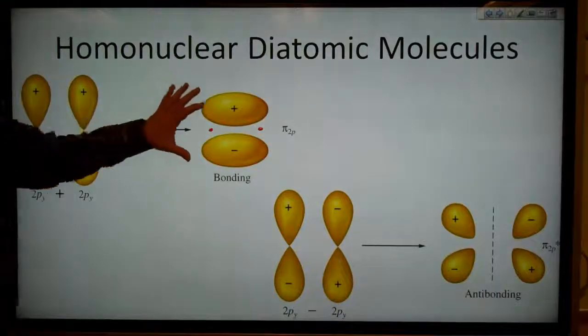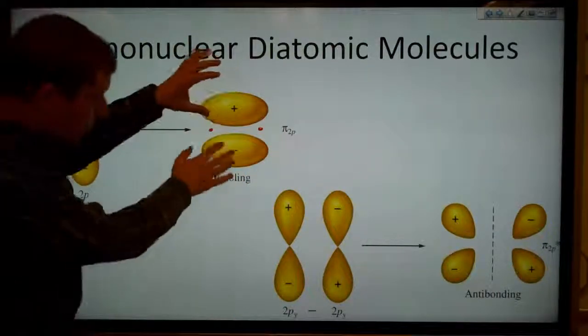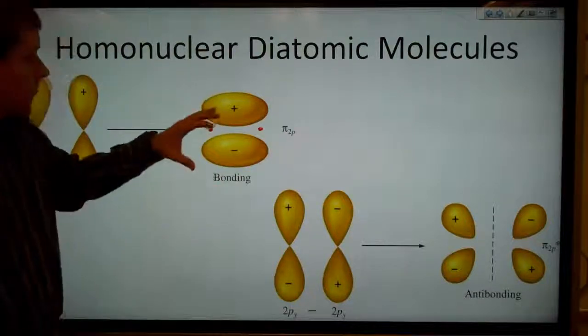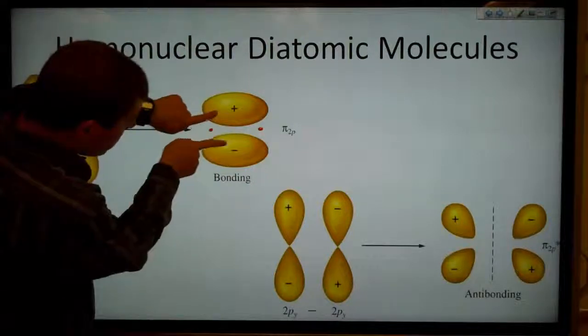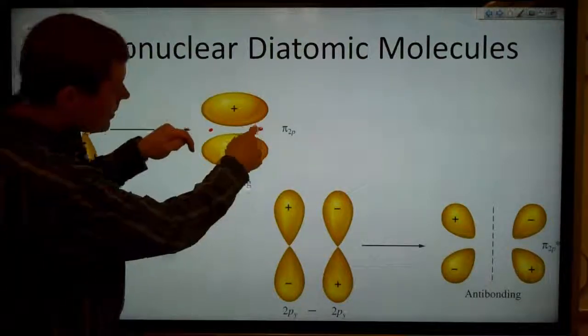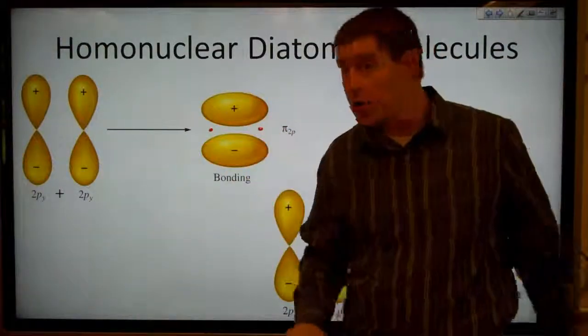So again, these are pi orbitals. They're not directly on the line in between the two nuclei. They're above and below, or in front of and behind. But this is a bonding orbital because this nucleus will tend to be pulled this direction. That nucleus will tend to be pulled this direction. So they're going to tend to be pulled towards each other.